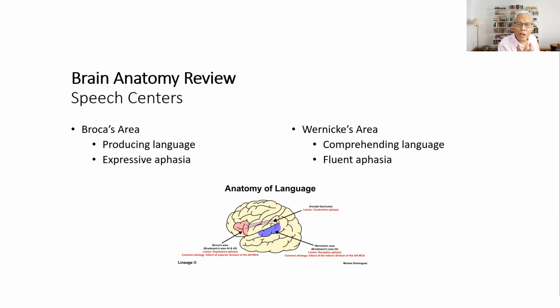So Broca's area is producing the language, and Wernicke's area is understanding the language. That's the difference between the two. You could also have damage to both areas, and that is called global aphasia.